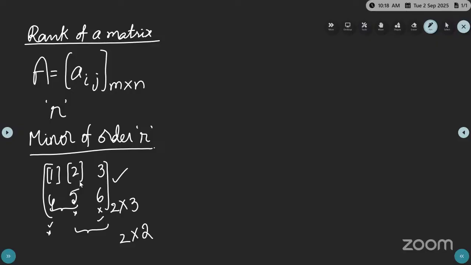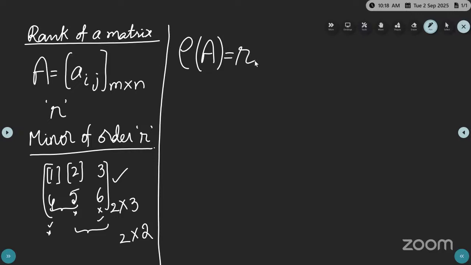It is denoted by rho of A equals small r.